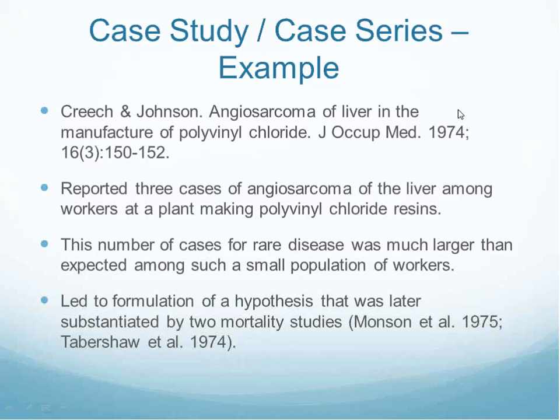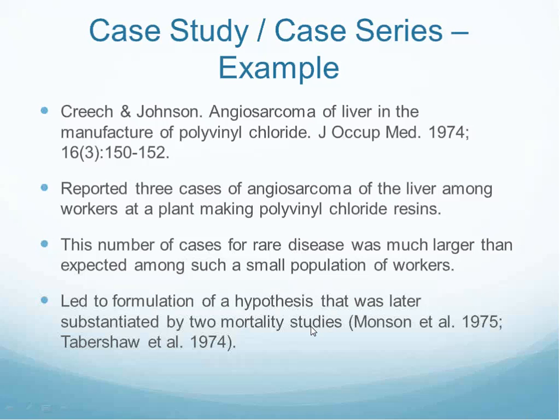They reported on these cases in the Journal of Occupational Medicine in 1974, and later that same year and the following year, there were 2 follow-up studies that used different methodologies and also supported that evidence, that the rates of this were statistically higher among these workers compared to other populations. Those 2 were using mortality studies, which we'll talk about next.